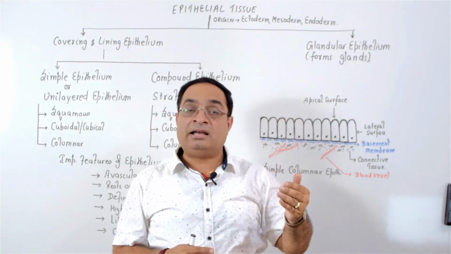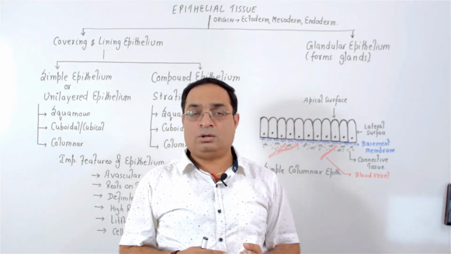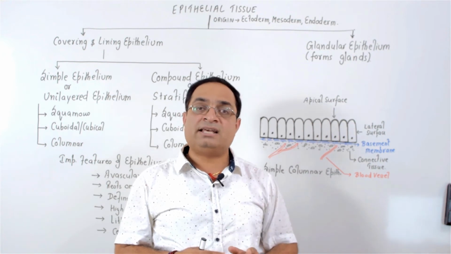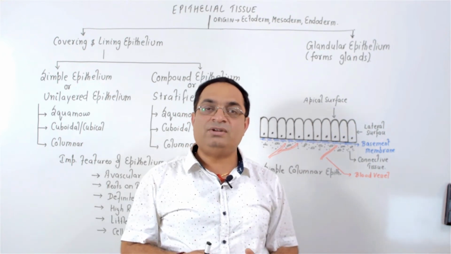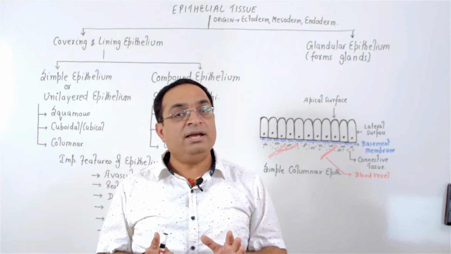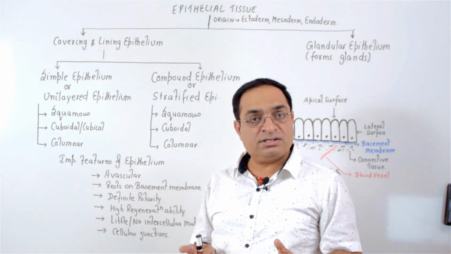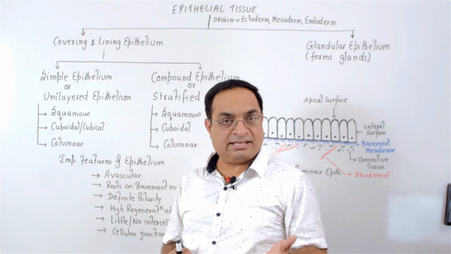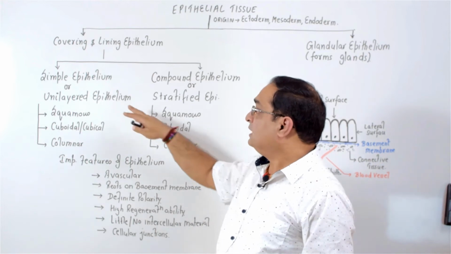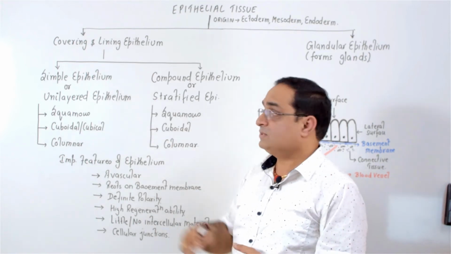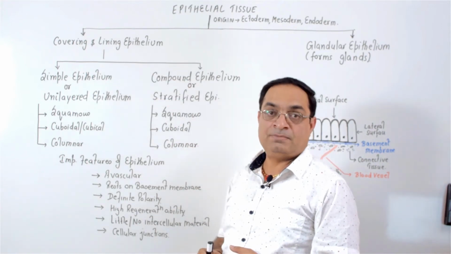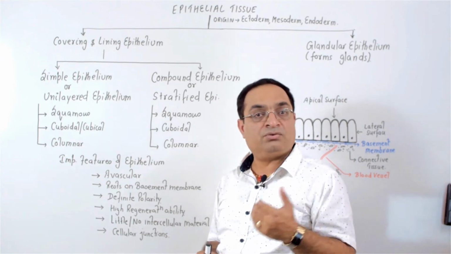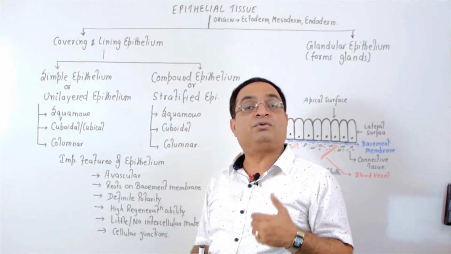Now, a gland can be a single cell also. A gland is any cell or tissue which is secretory in nature. So, covering and lining epithelium either covers the outermost part of the body, that is skin, or it forms the lining of the hollow organs. That's why we call it lining epithelium, like the innermost lining of your alimentary canal, innermost lining of your blood vessels.